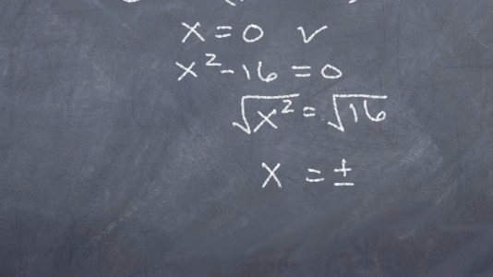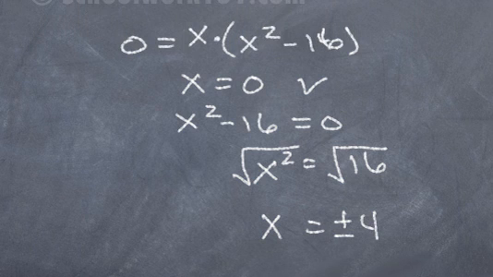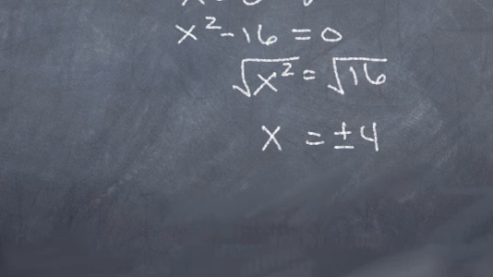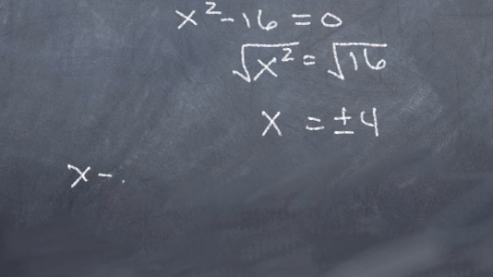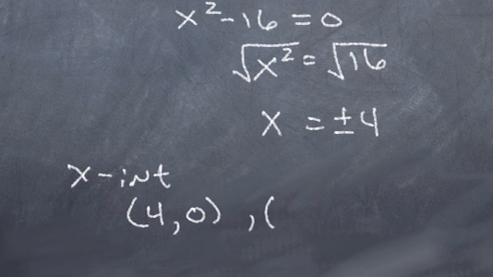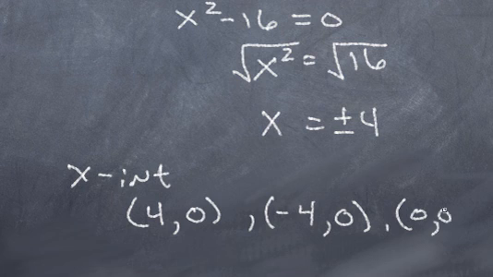Remember, we must make this plus or minus when we square root, and the square root of 16 is 4. So we have two x values, plus 4 and minus 4. So I'll just go ahead and write this here. Our x-intercepts are 4, 0 and negative 4, 0. And I almost left the other one off, didn't I? 0, 0. Where it crosses through the origin.